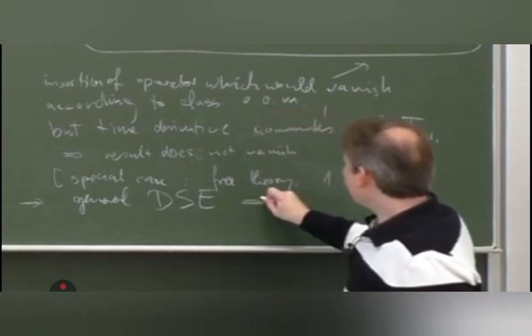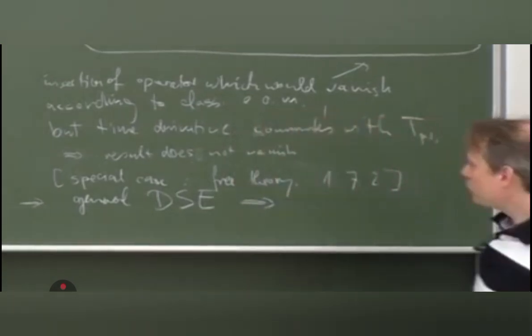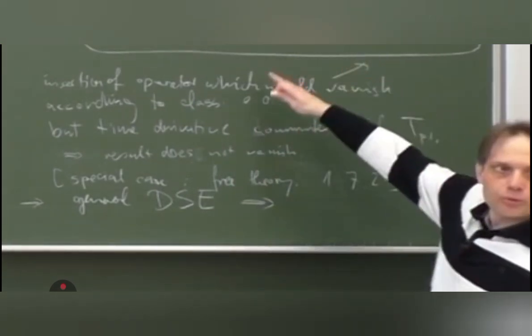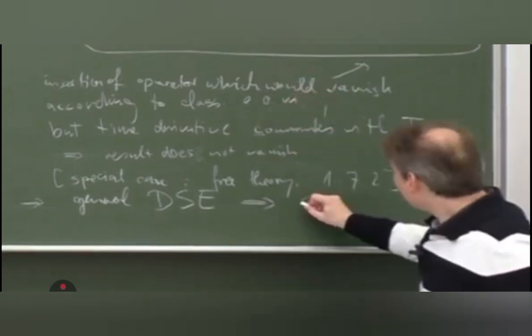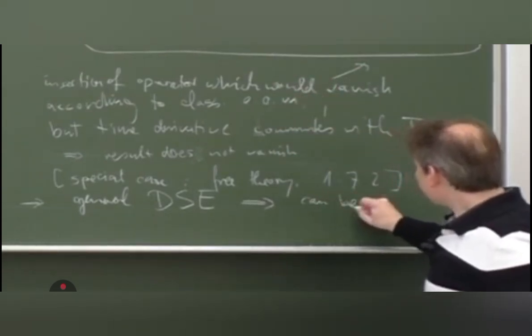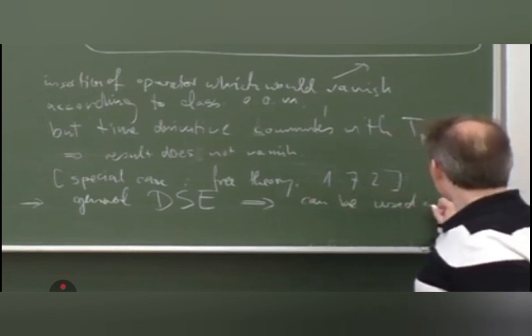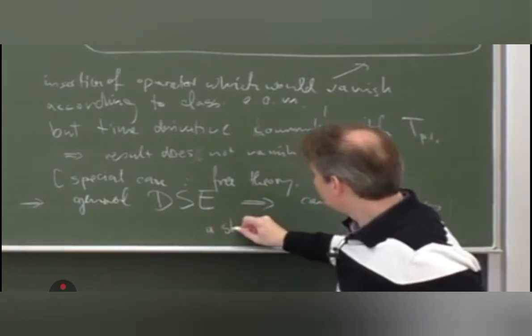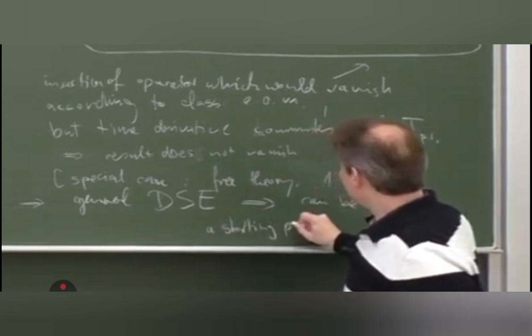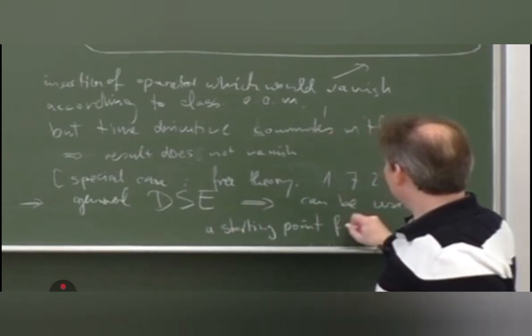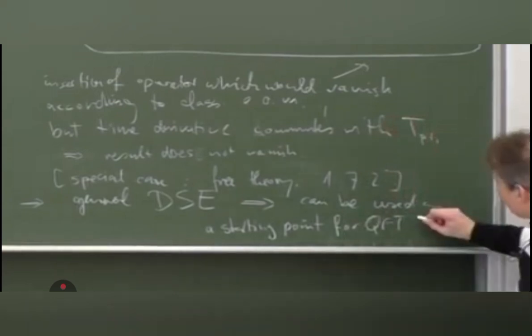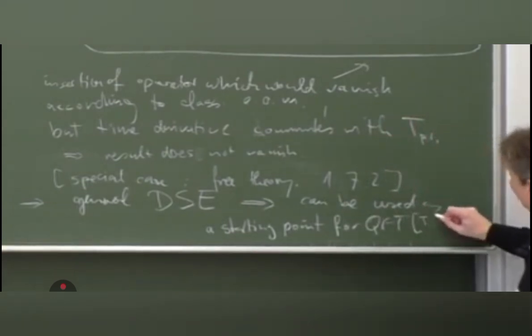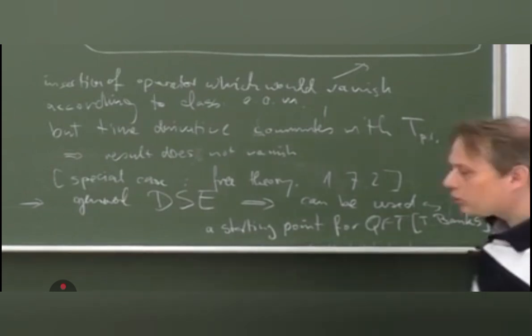And as a side remark, an interesting side remark, this can be used as a starting point to build up quantum field theory entirely, and also perturbation theory. And there is one textbook which does exactly that. That is the textbook by Tom Banks. So I can recommend you to look into this book.